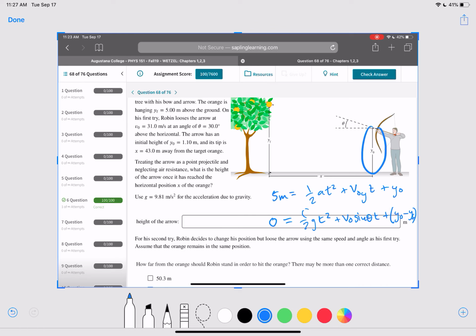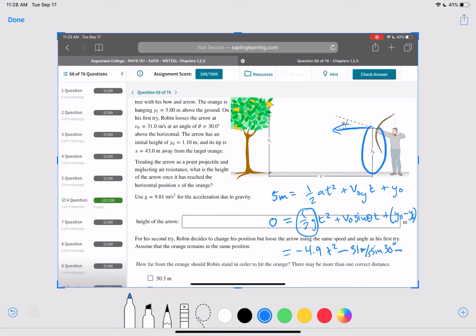So what is your a? Negative 4.9. Negative 4.9 t squared plus v0 sine theta t. In this case, our projectile is in the negative direction, so we're going to have minus 31 meters per second times the sine of 30 degrees, and then 1.1 minus 5.